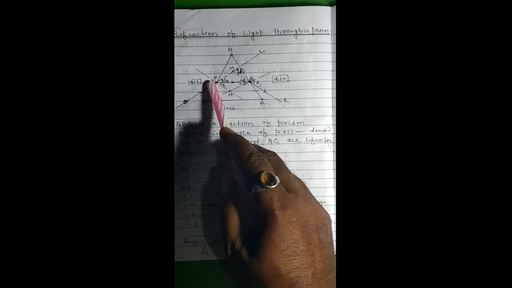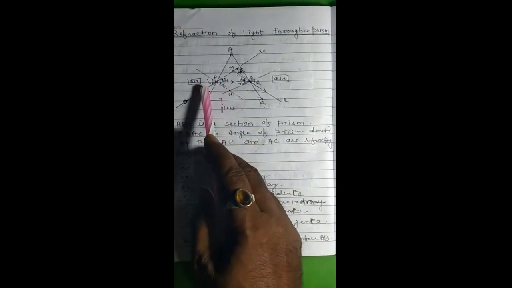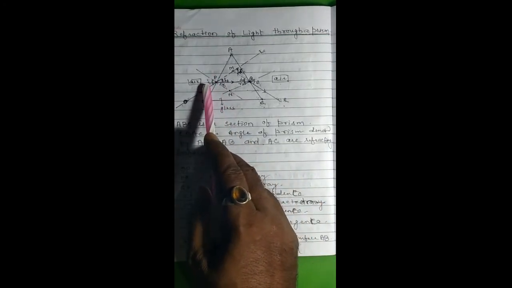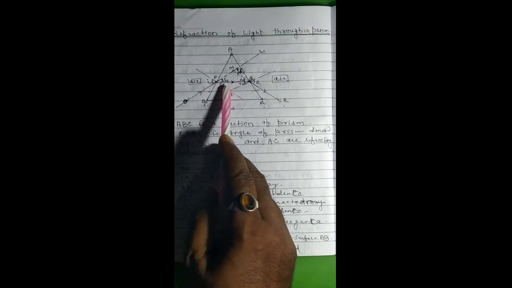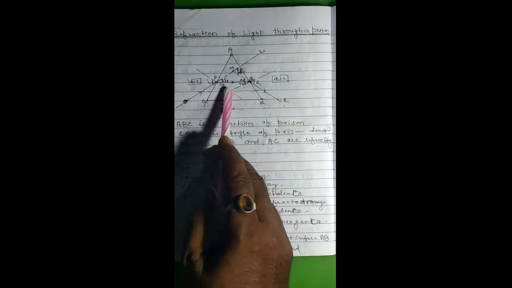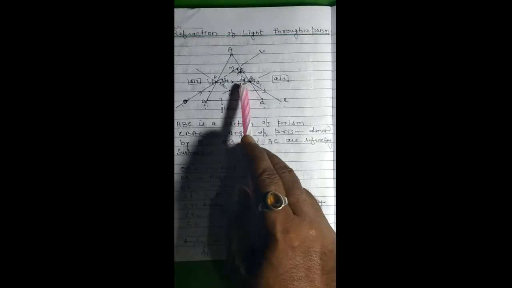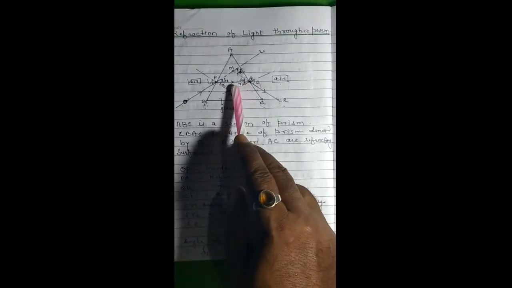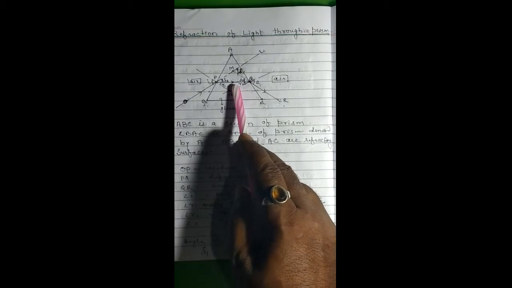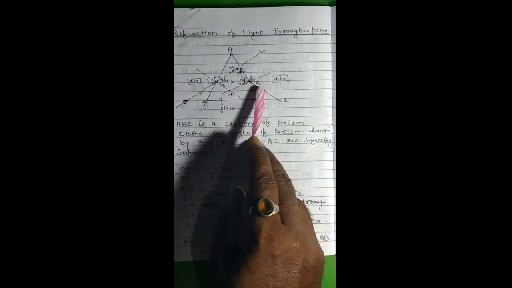Angle I is angle of incidence. Angle R1 is angle of refraction. Angle R2 is angle of incidence, and angle E is angle of emergence.